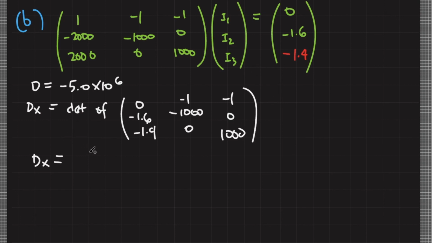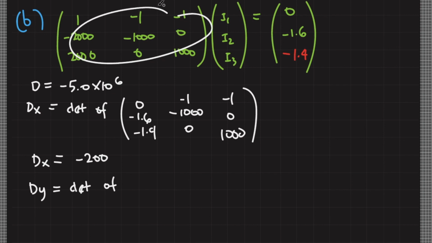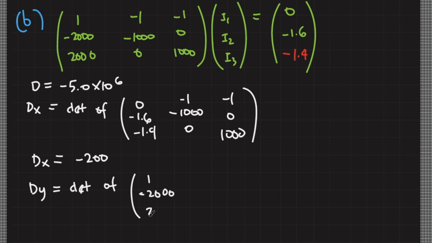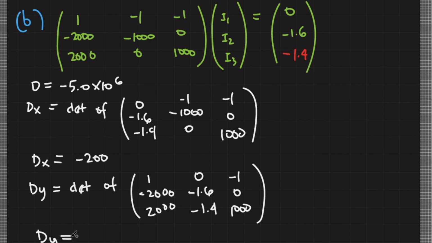D sub x equals negative 200. Next, d sub y is the determinant of this matrix, but I'll replace this with this. D sub y equals negative 7,600.